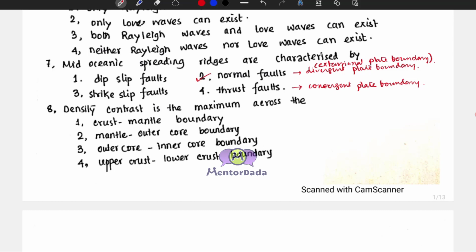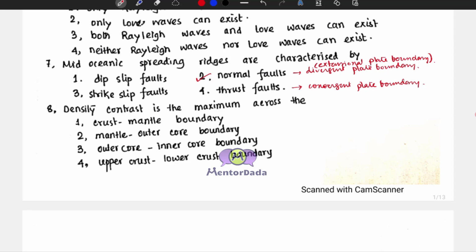And if you ask me why option number 3 will not be correct, look, this is strike slip fault. This has not been written as a transform plate boundary or transform fault. So this has been written as strike slip fault. So that is why it will not be your correct answer.